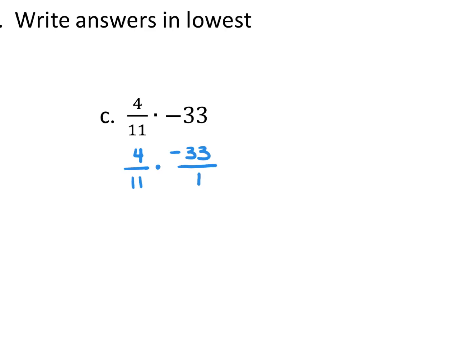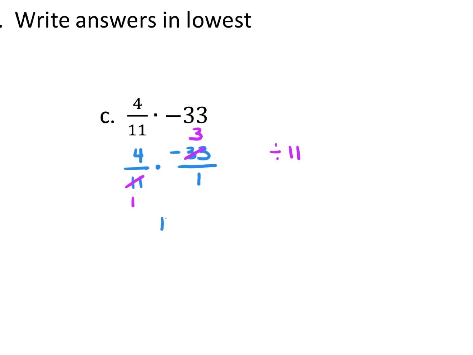From here, we can go ahead and cancel common factors. 33 and 11 are both divisible by 11. And so if we divide 11 by 11, we get 1. And if we divide 33 by 11, we get 3. Nothing else cancels, so we can multiply straight across.